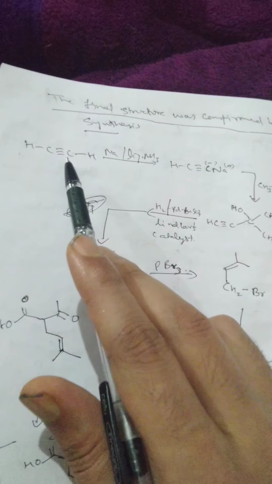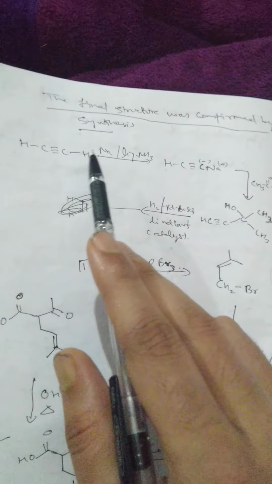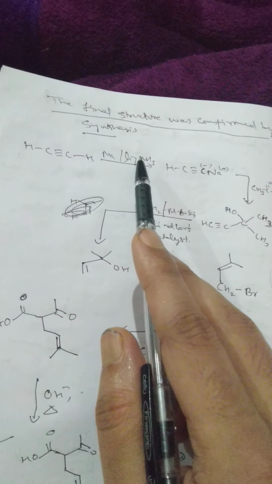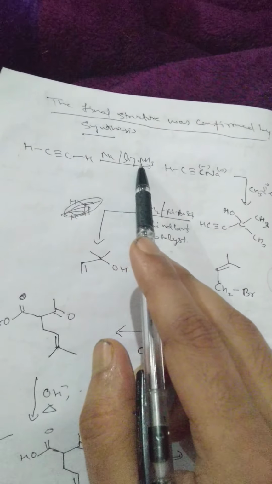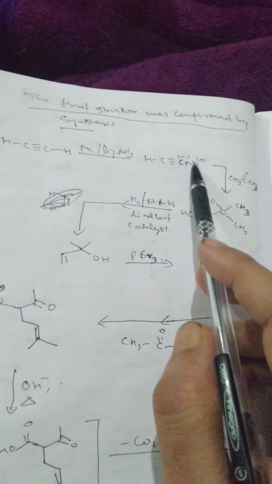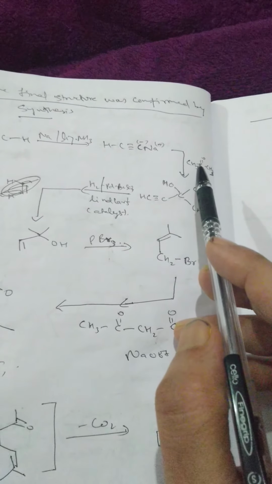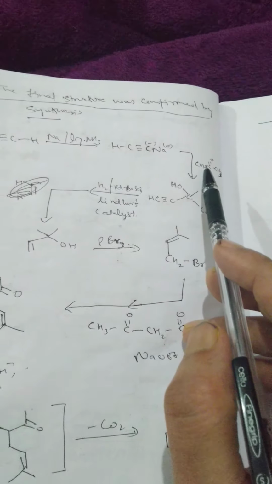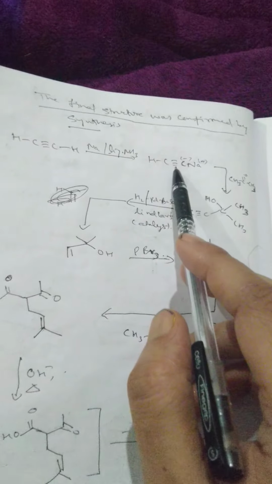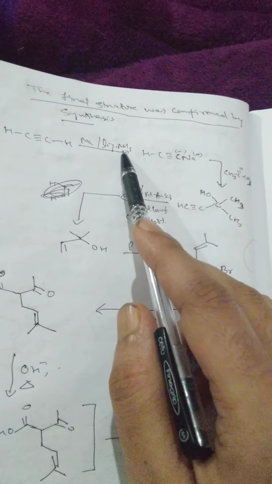So they took acetylene, or ethyne, and reacted it with sodium in liquid ammonia. This is the Birch reagent, correct? So what they get is the acetylide, C minus Na plus, and they reacted it with, I don't know why they use this, because generally if you use this it will reduce the double bond. They should have used NaH.